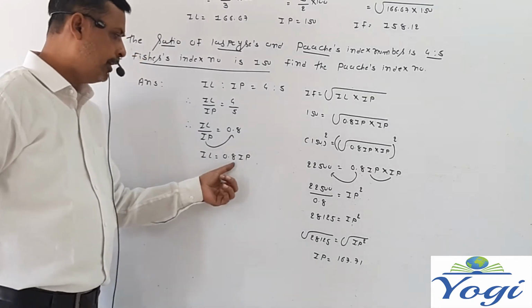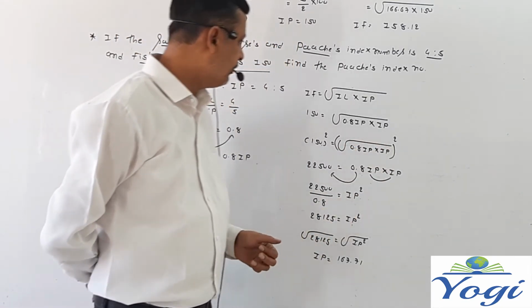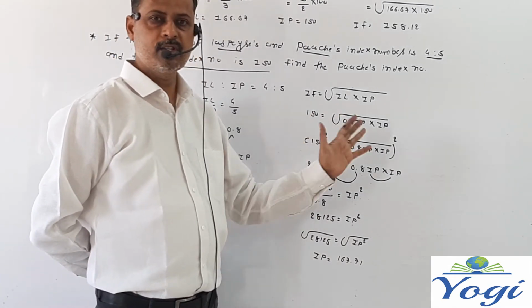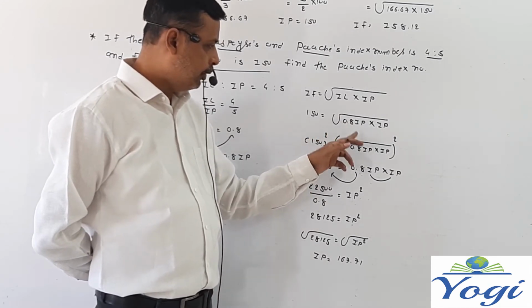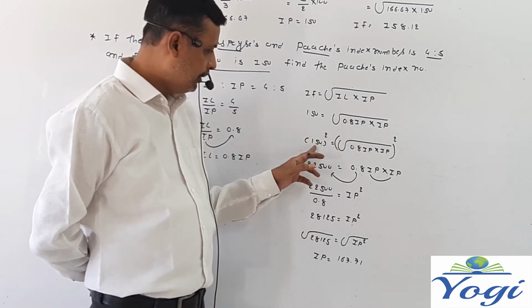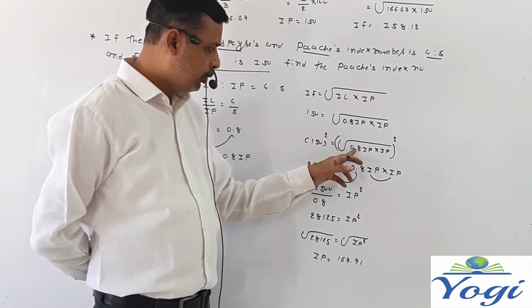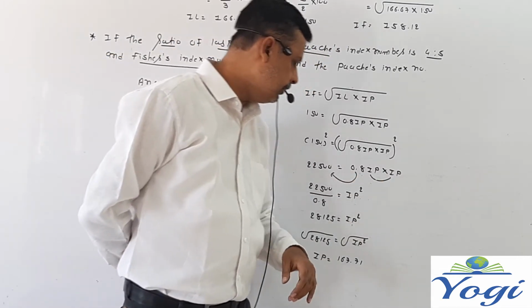IL is equal to 0.8 IP into IP. For removal of the root, we take both sides square. 150 square is 22,500 and root square removes the root. So 0.8 IP into IP.